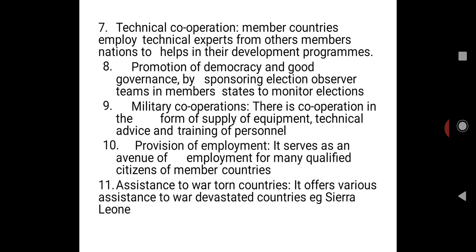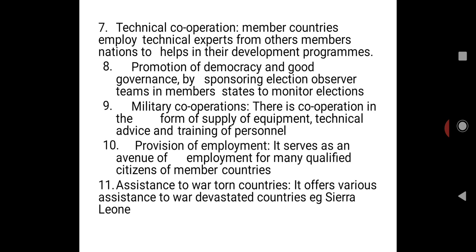They can ask Britain, their colonial master, to render such technical experts to them. This will help to increase their development programs. That's what we mean by technical cooperation.